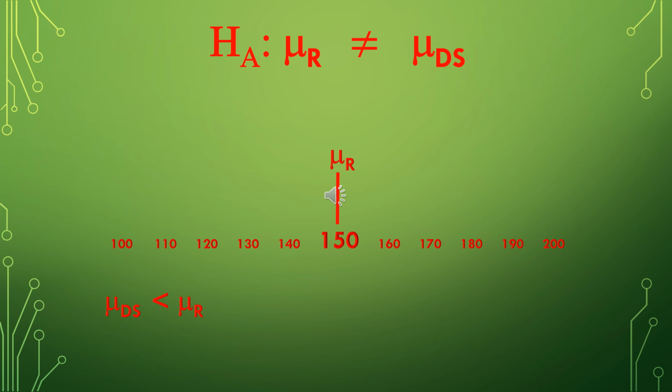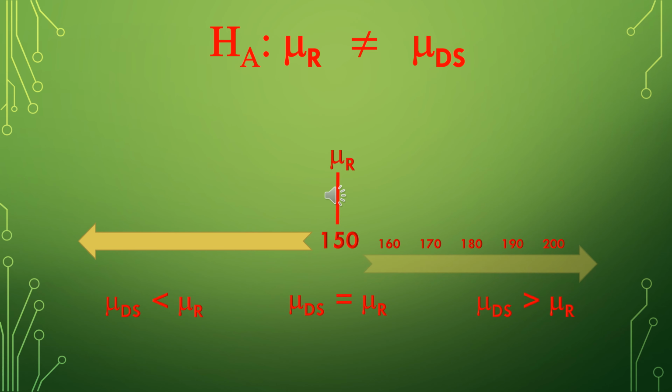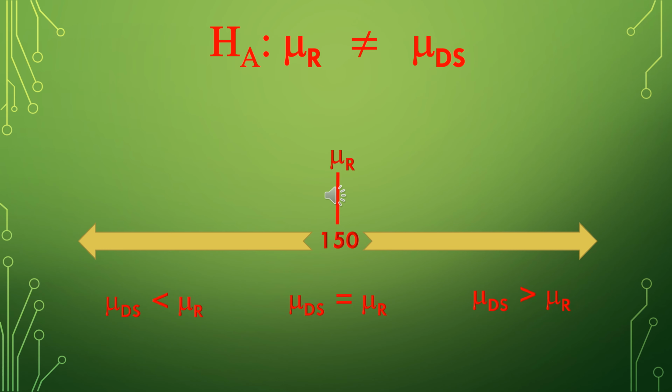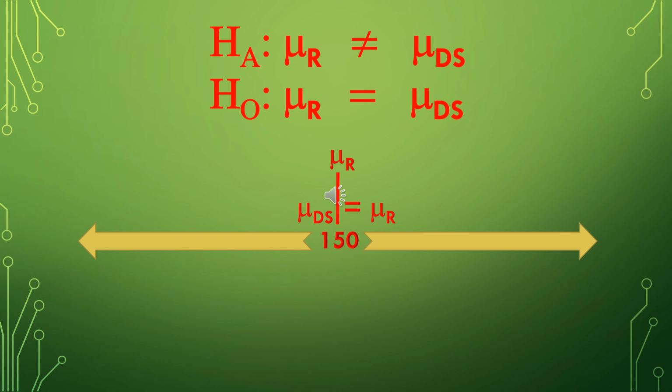It may be that mu r is greater or lesser than mu ds, and in any case, if either of those are true, then mu r and mu ds are not equal, just like we postulated in our research statement and alternative hypothesis. So those possibilities and probability spaces are taken up with the alternative hypothesis. The only other option is that mu r and mu ds are equal. The null hypothesis is everything that the alternative is not. So the null states that the two parameters are equal.